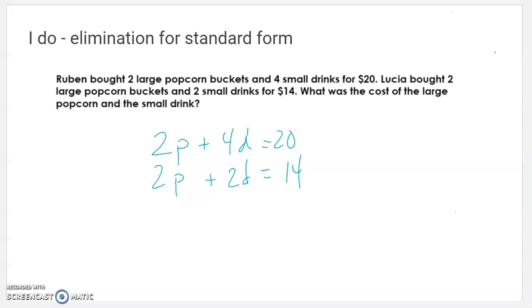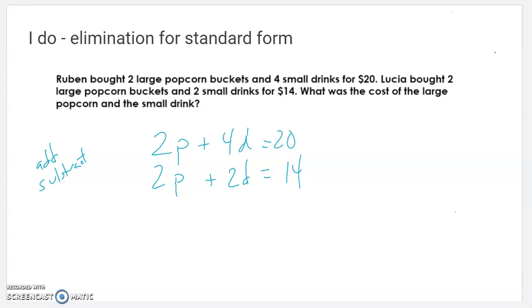So here's how the elimination strategy works. You'll notice I lined these up, right? P above P, plus above plus, D above D, equal above equal, constant above constant. I lined everything up with its like thing in the other one. What we can do is either add or subtract these two equations together.